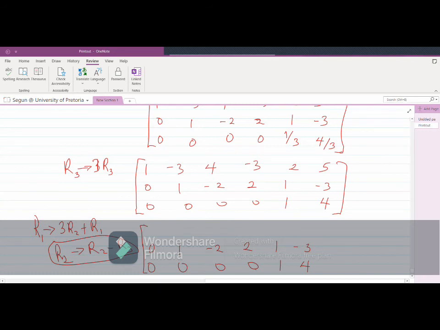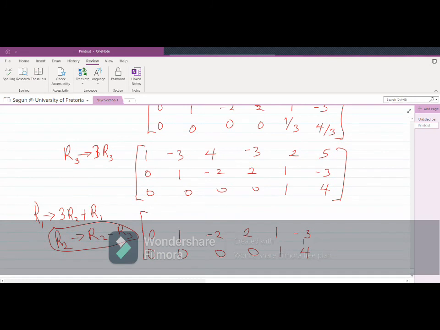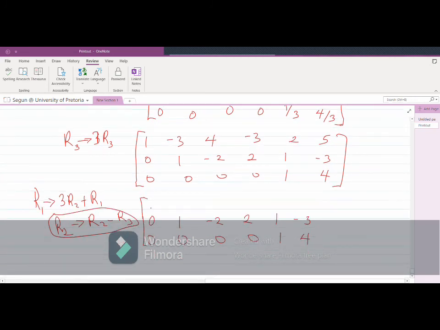So what's going to happen to it for row 1? We have 1, row 1, 1. What the next one is what? 0. 0. 2. 3. Is it 2 or minus 2? Minus 2. The next one is what? 3.